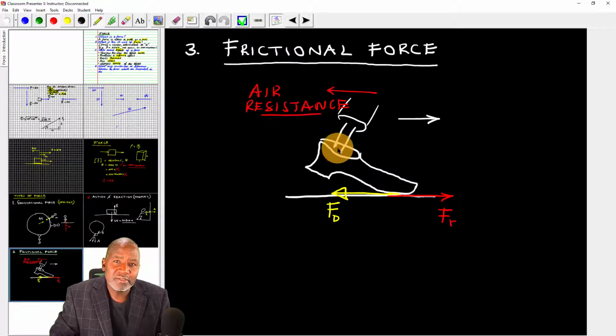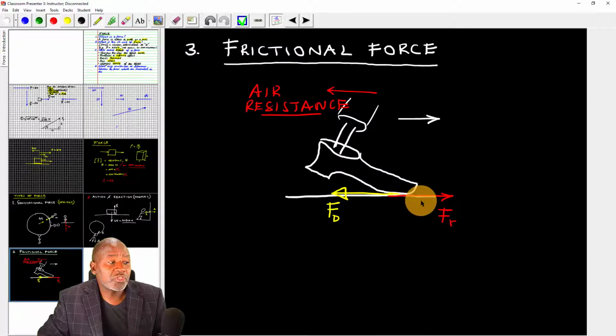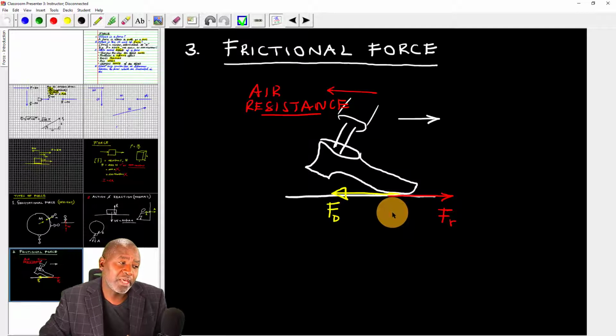But it's different from this friction force between your foot and the floor. So hopefully you've understood that particular situation. So friction force is a reaction, while FD, the driving force, is the action while you're moving in that particular direction. Let's look at a car, for example.